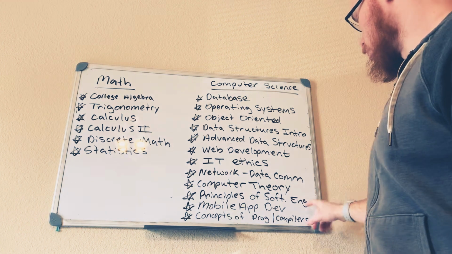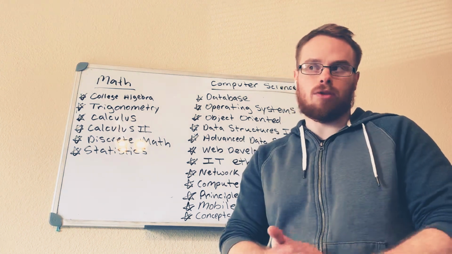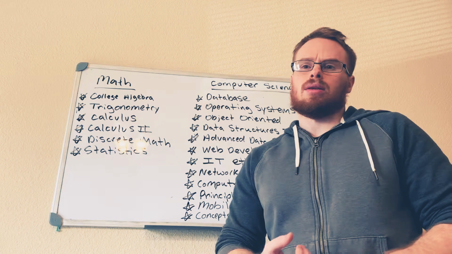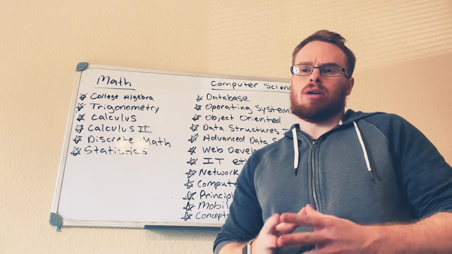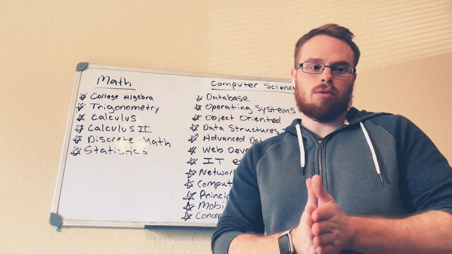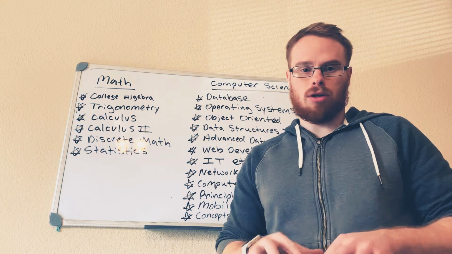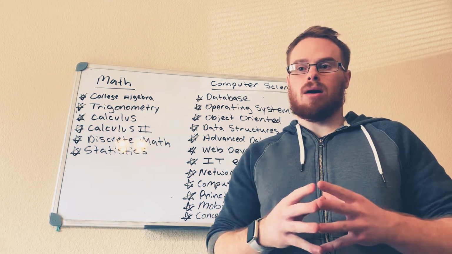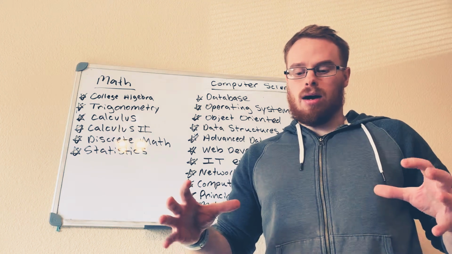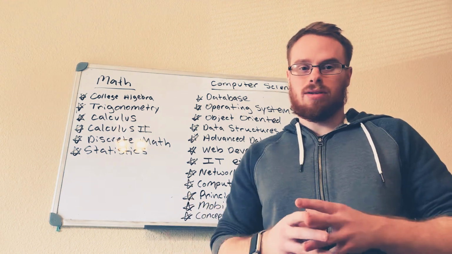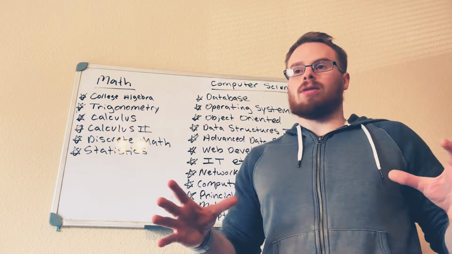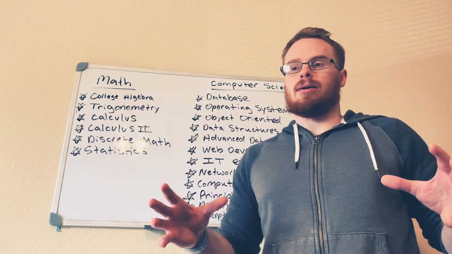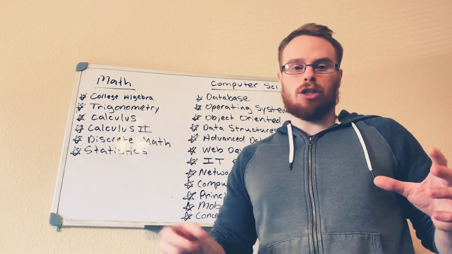Principles of software engineering is usually going to talk about the real world. In the real world you just don't sit down and start coding. You're going to go through the software development lifecycle, which is a lot of planning. That's my dog, sorry. A lot of planning, documentation, and diagramming.